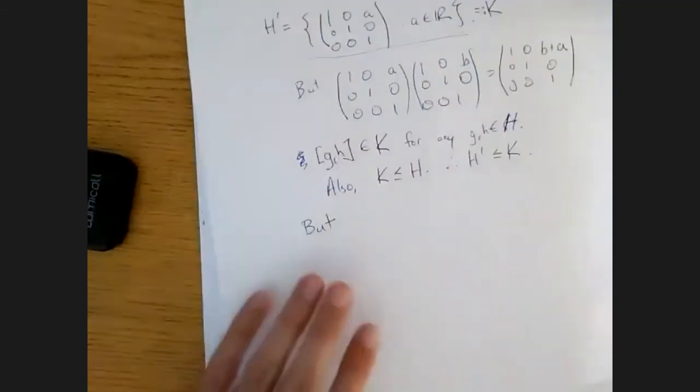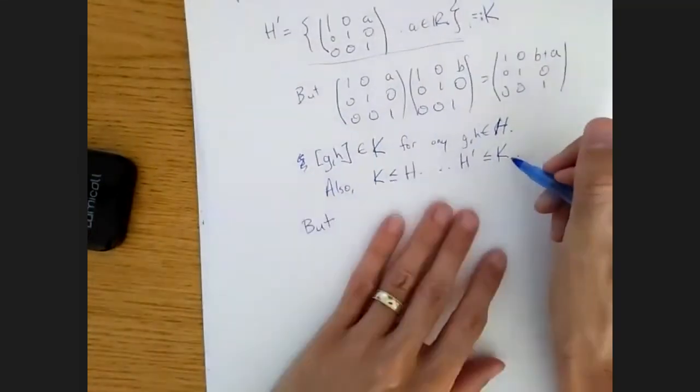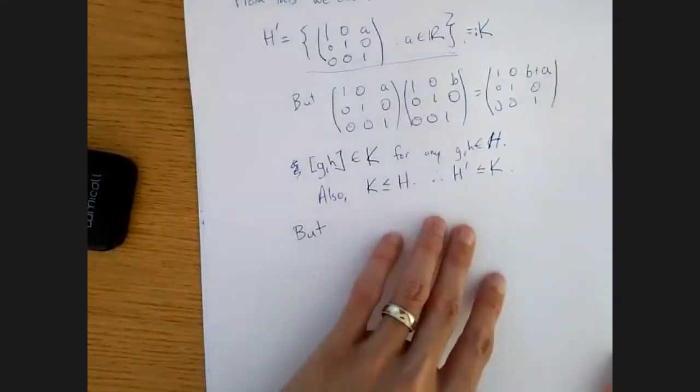But now we can show that any element of K is actually a commutator. And for that, I just need to check my formula.